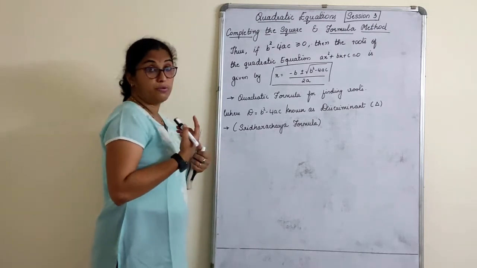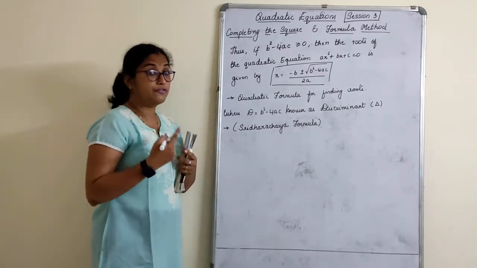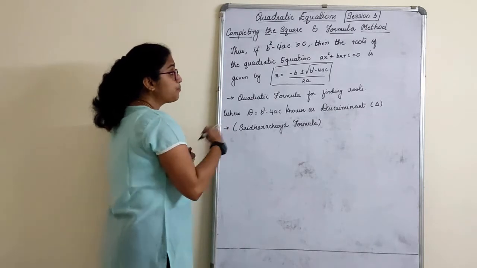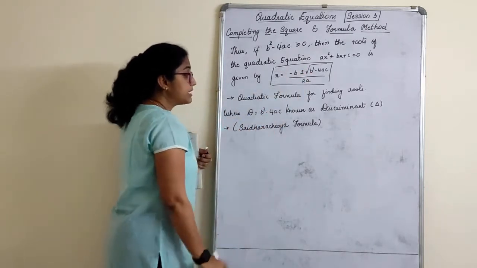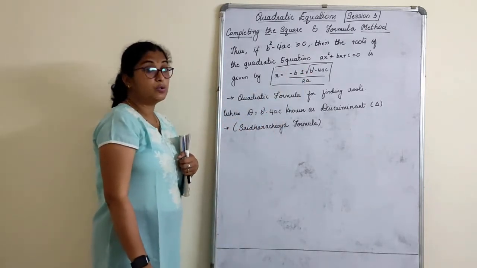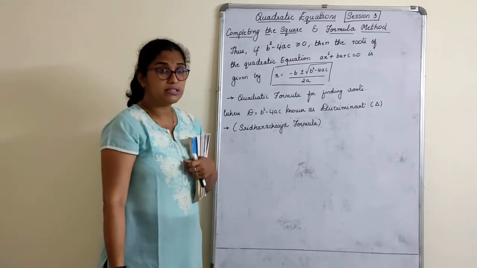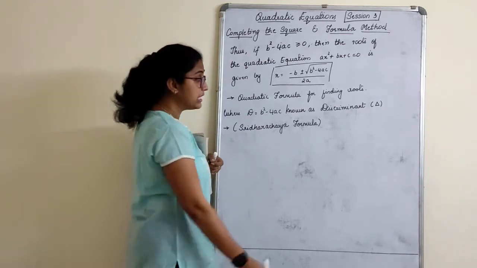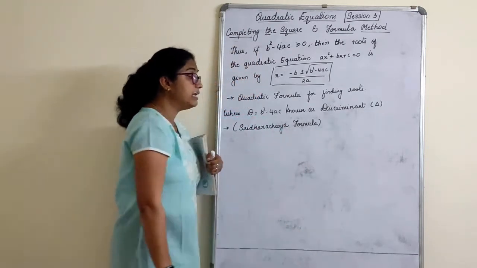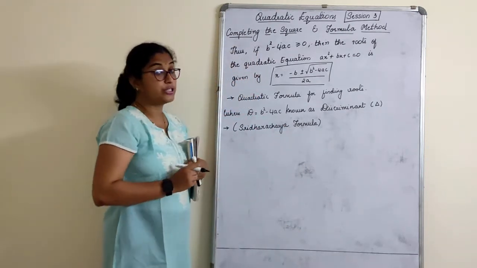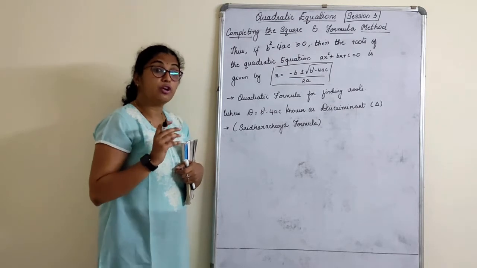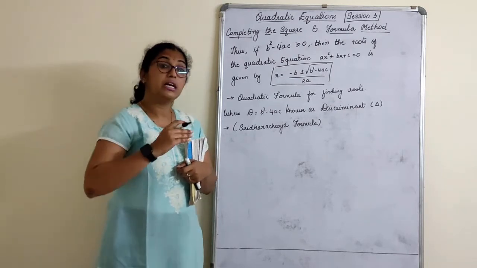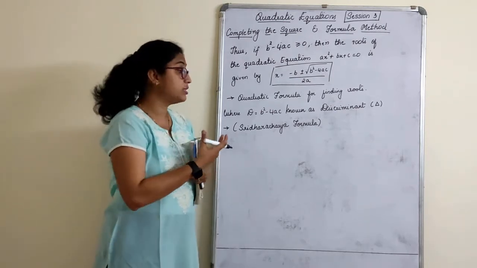Right? So this is the quadratic formula method for finding roots, where b square minus 4ac is known as the discriminant. What is the discriminant? It is b square minus 4ac, which is also denoted by the letter delta. It's not a triangle, it is delta. We also have the nature of roots based on the discriminant.